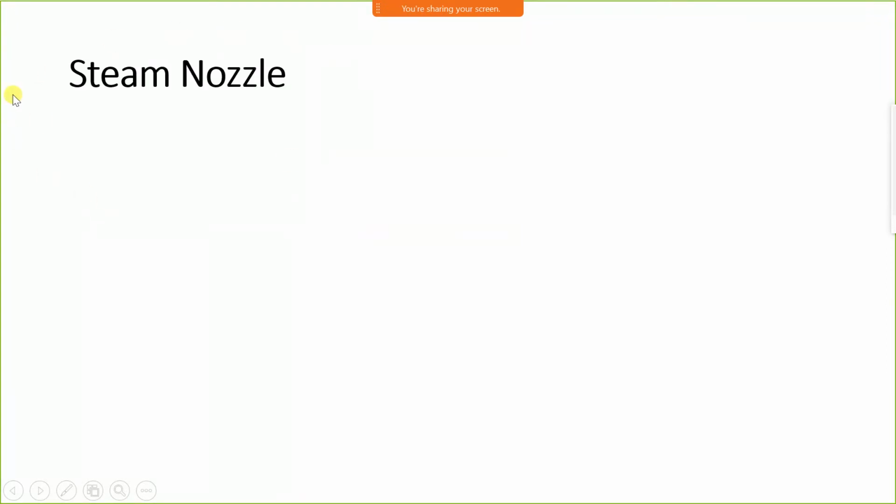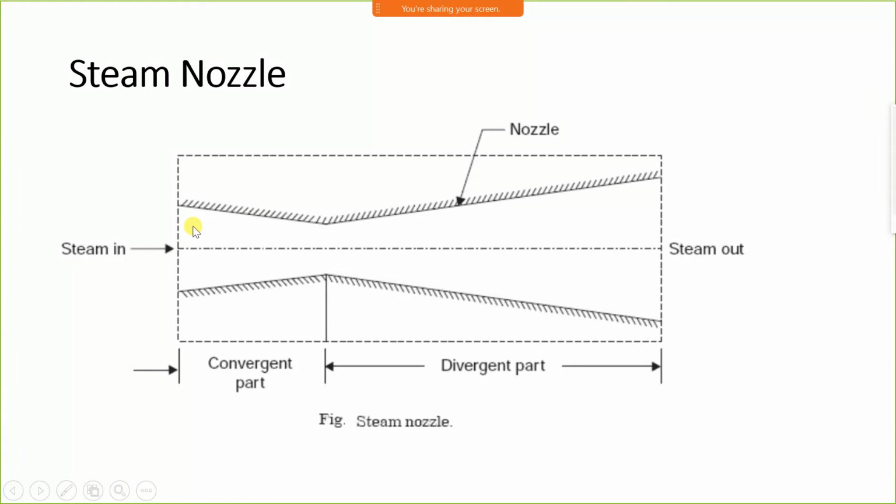Steam nozzle. We know nozzle. Nozzle is a device used to increase the velocity of the fluid. Here we are talking about the steam nozzle. Steam means the water in the form of gas, in the form of vapor.